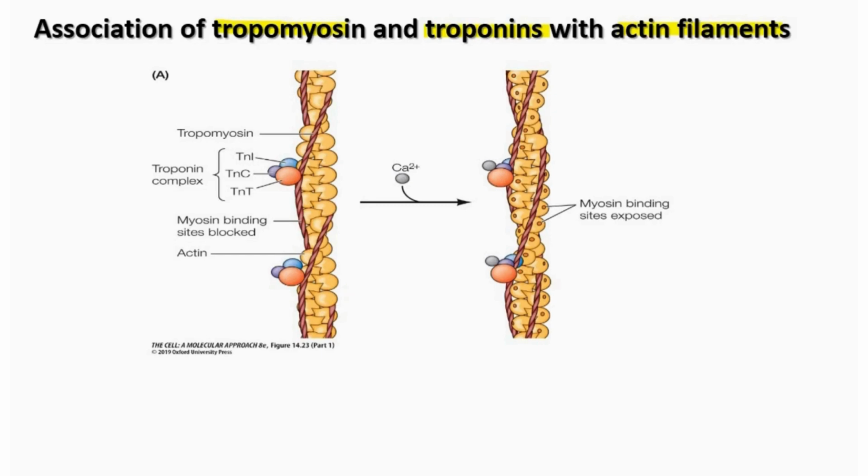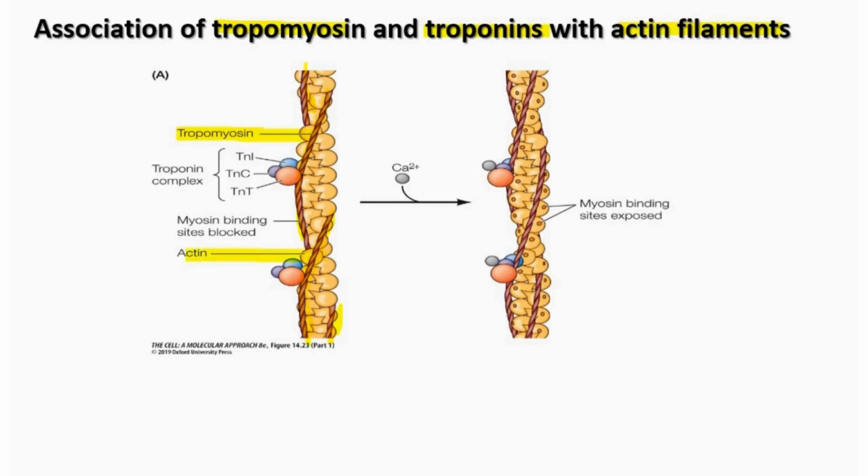This brown rope-like structure which you can find is intertwined, or just like a creeper, it turns around the actin. This is tropomyosin. As I said, the yellow colored is actin.